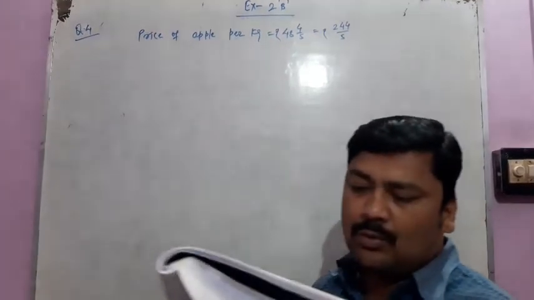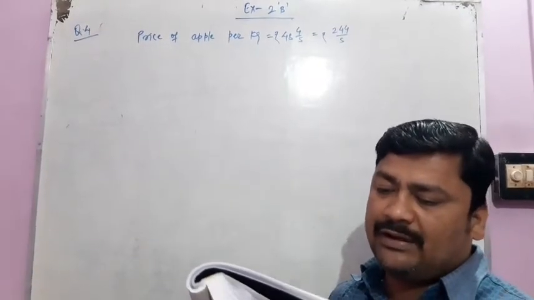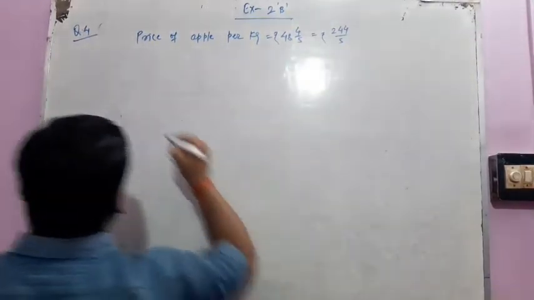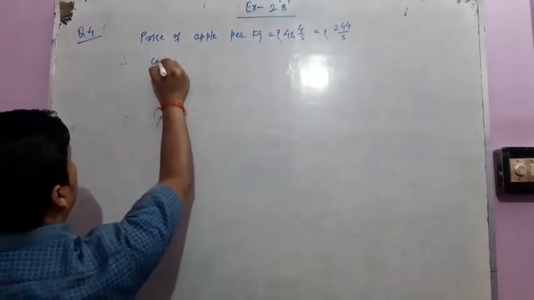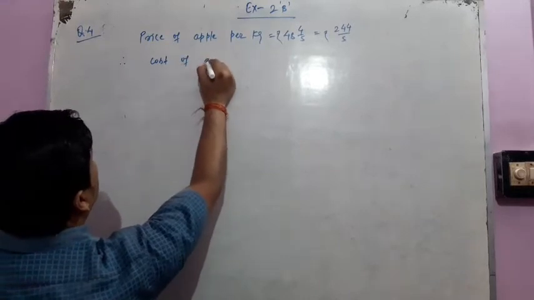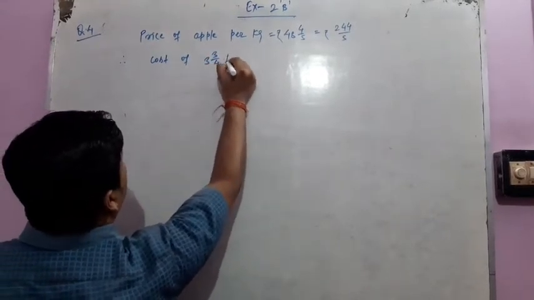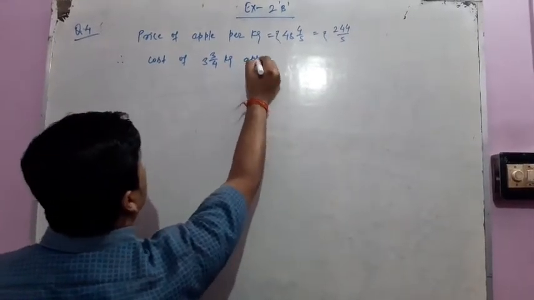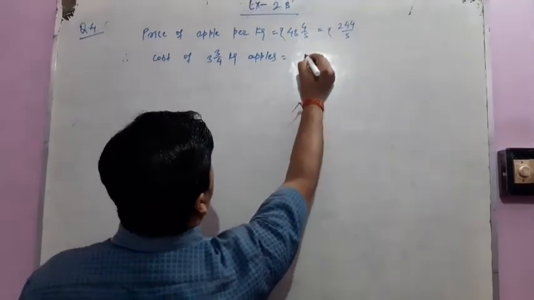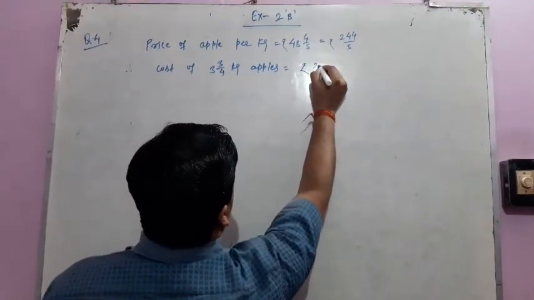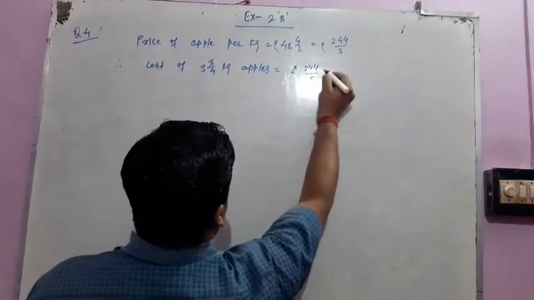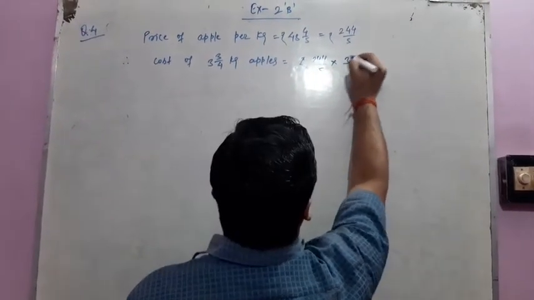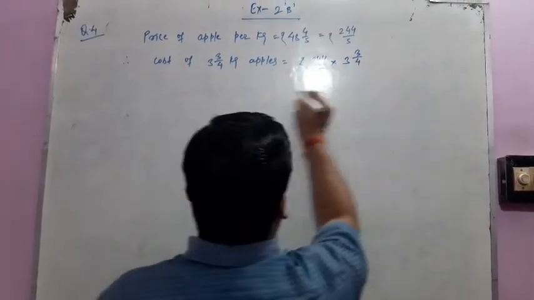Now, what is the cost of 3 whole 3 by 4 kg of apples? Therefore, cost of 3 whole 3 by 4 kg apple, that is rupees 244 by 5 multiplied with 3 whole 3 by 4.